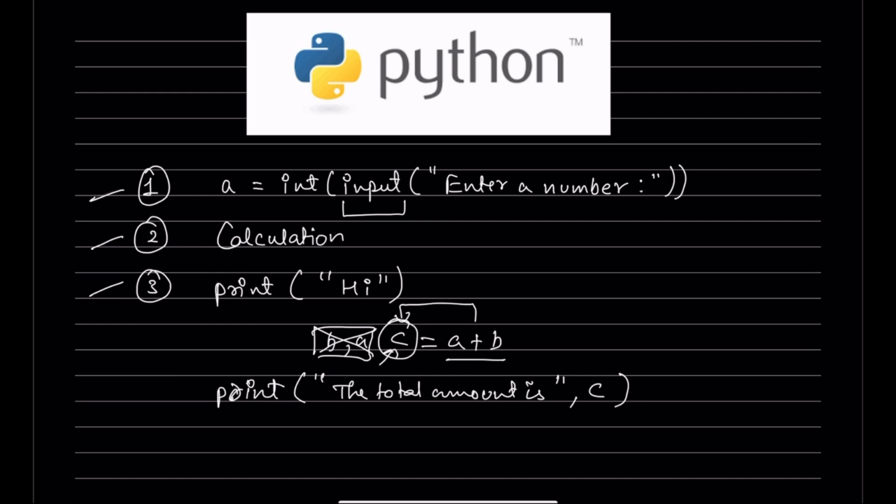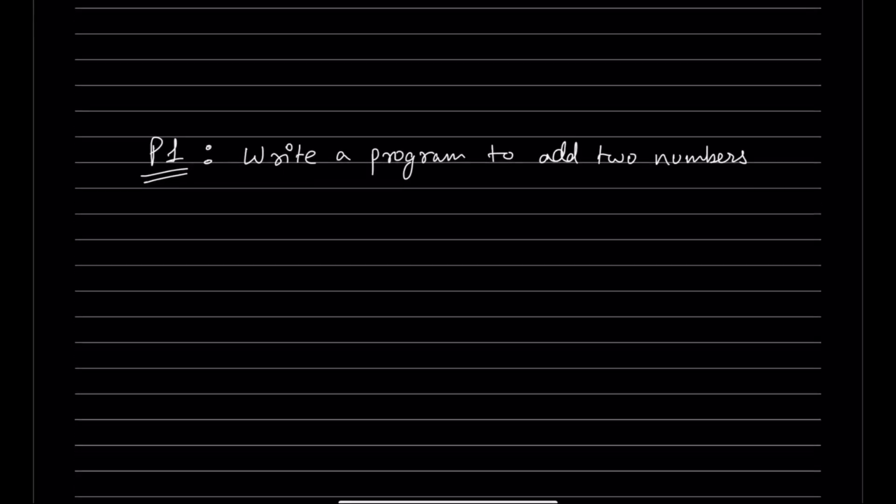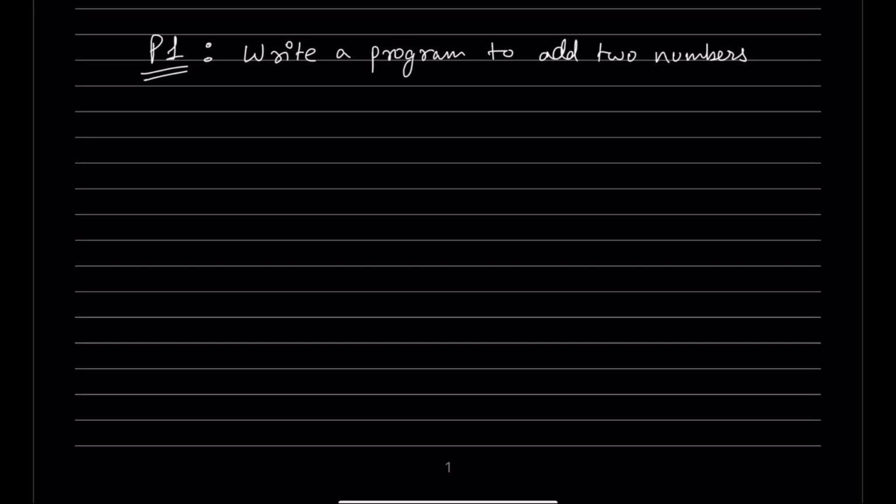So let's look at a couple of examples which are related to these three sections. So the first part is, it is given to you that write a program to add two numbers. So how you can do that is, first you have to take the input from the user, and how many inputs you need is mentioned over here. You need two numbers, so I need to use the input command twice.